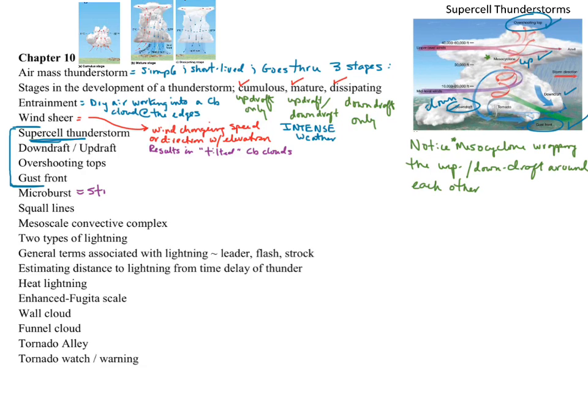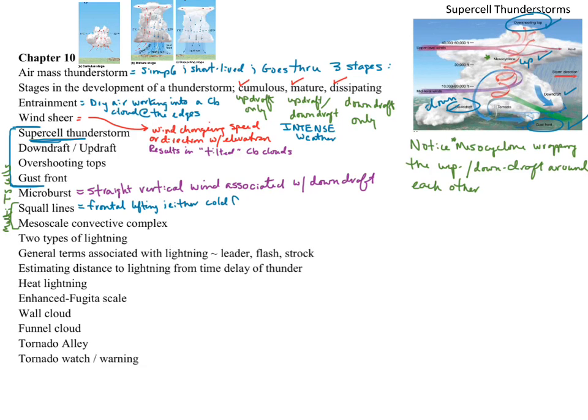Microbursts are basically this straight vertical wind that is associated with the downdraft. And remember, the downdraft is created from the precipitation. Squall lines and mesoscale convective complexes go together. They are both types of multi-thunderstorm cells.